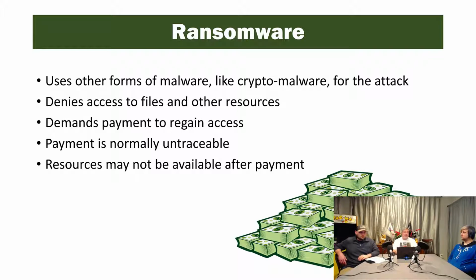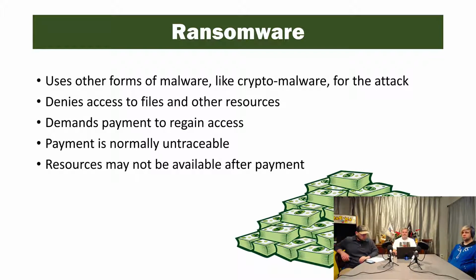And again, the resources may not be available even after you paid. So we saw two. TeslaCrypt, you did get your files back. NotPetya, you didn't get your files back. But both of them kind of followed that same pattern. Two sides of the same coin, but one's a little bit more unforgiving. Yeah. It's kind of rough, though.